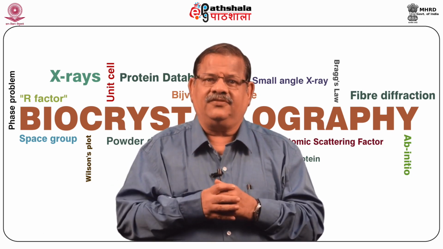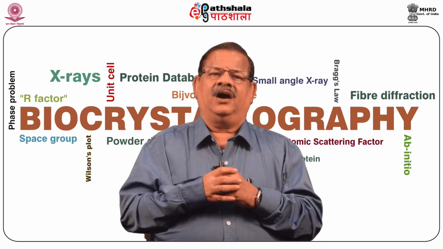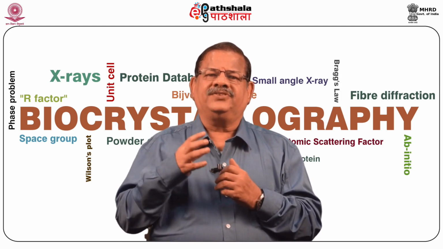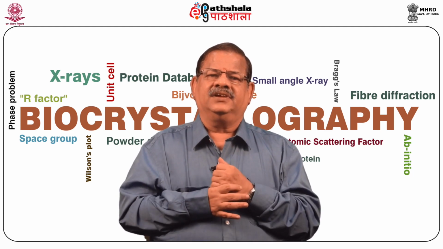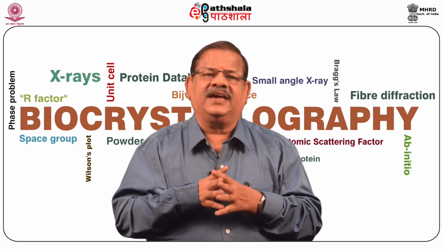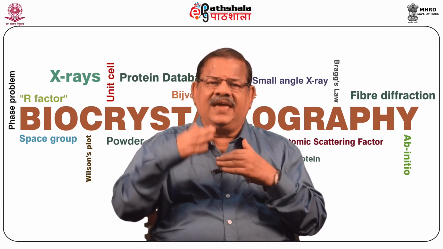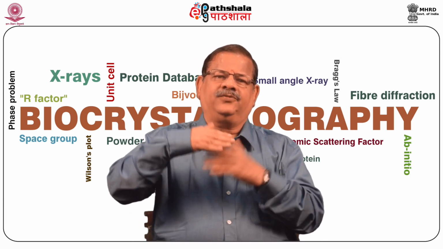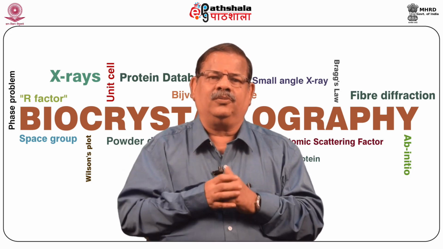In a powder photograph, space group symmetry often introduces the possibility of planes with different algebraic combinations of the Miller indices HKL having the same spacing d and therefore diffracting in the same halo.